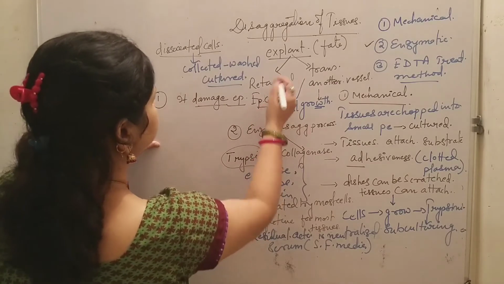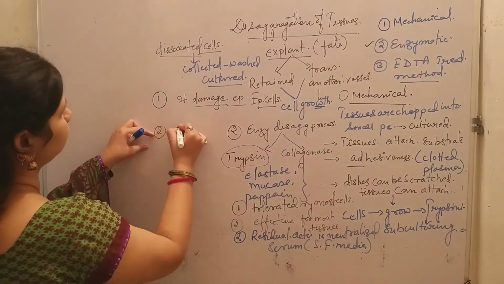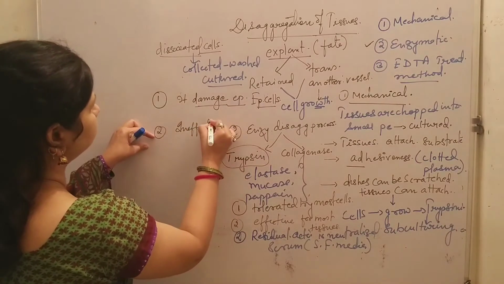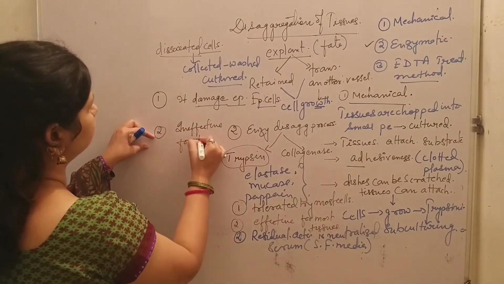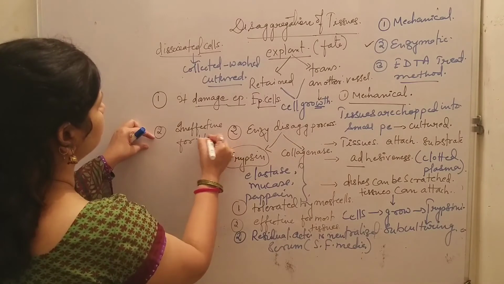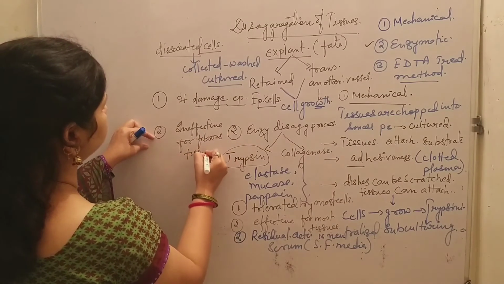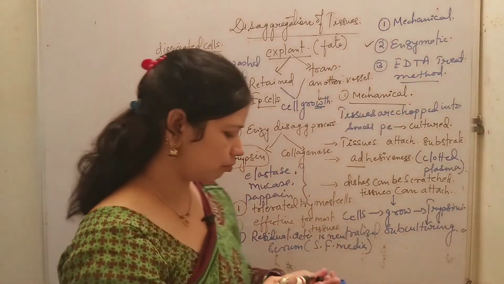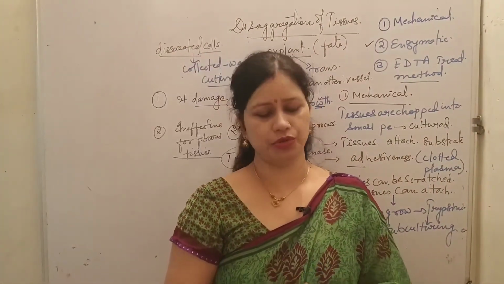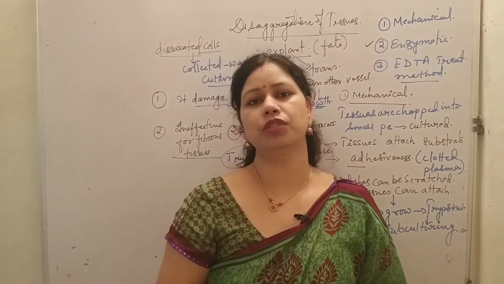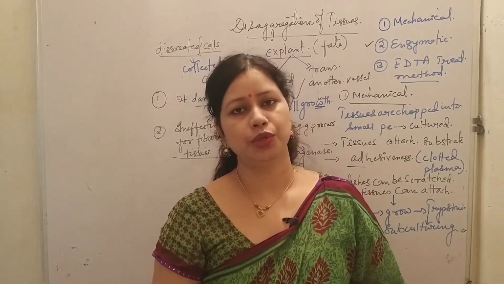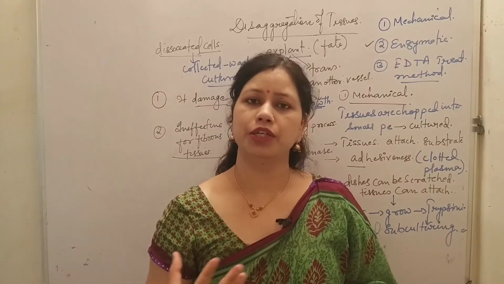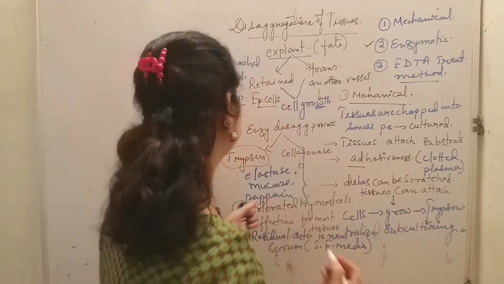It is ineffective for some fibrous tissues. So these are the effects of trypsin. In case of several normal as well as malignant tissues, we do not use the trypsin enzyme. We disaggregate those types of normal as well as malignant tissues with the help of collagenase enzyme.